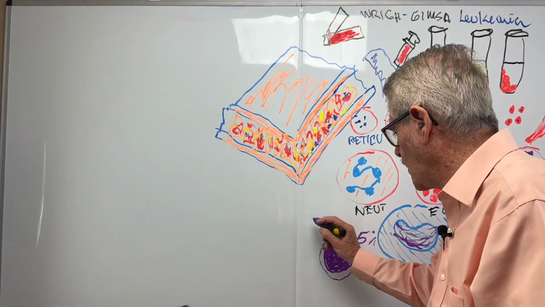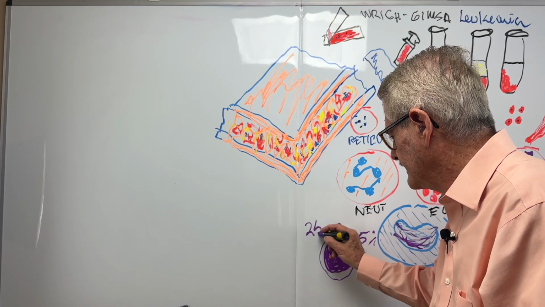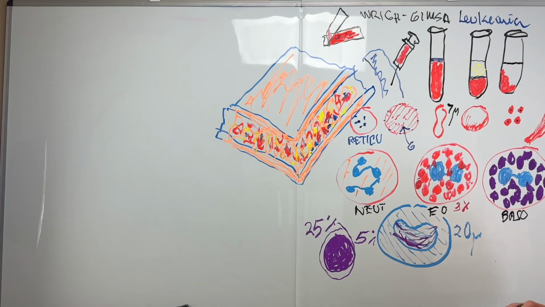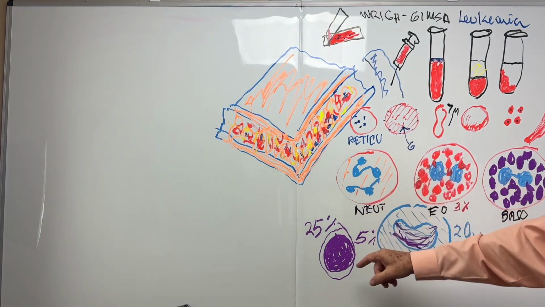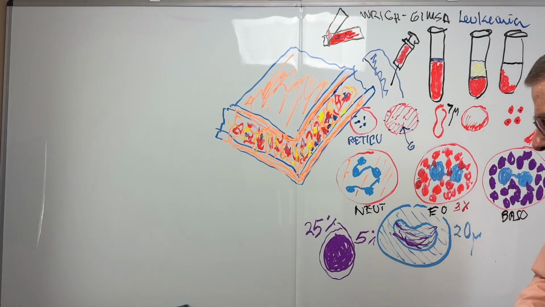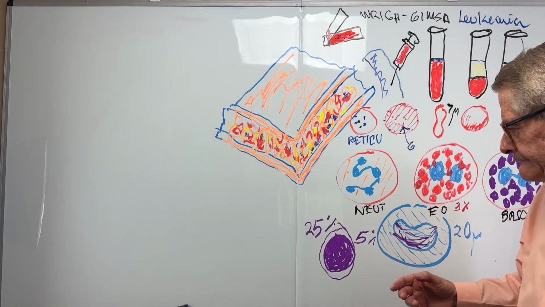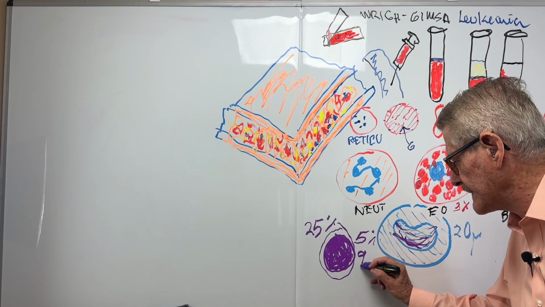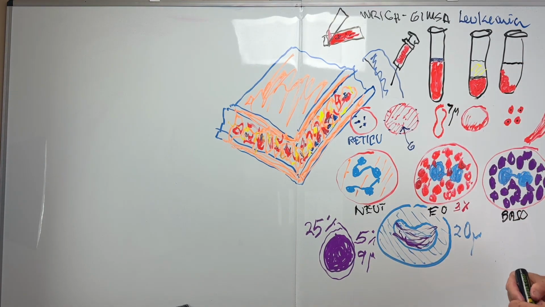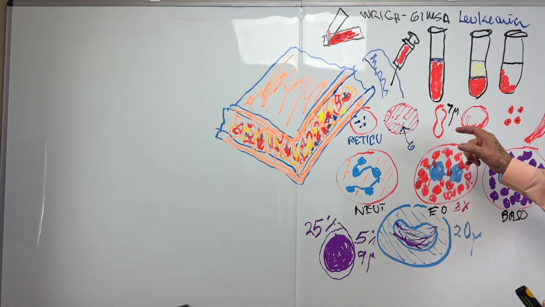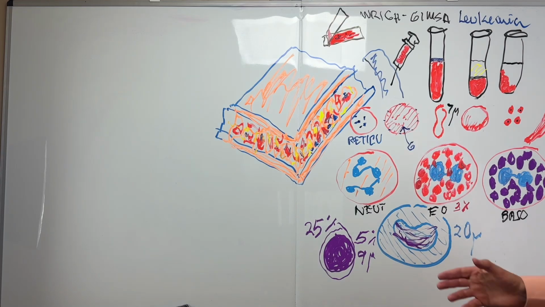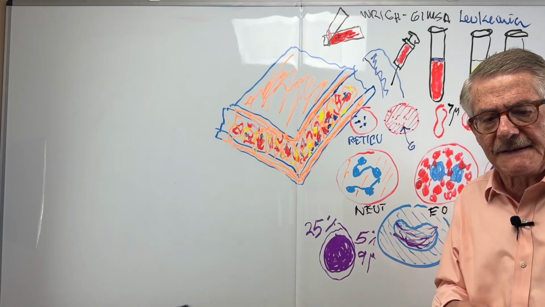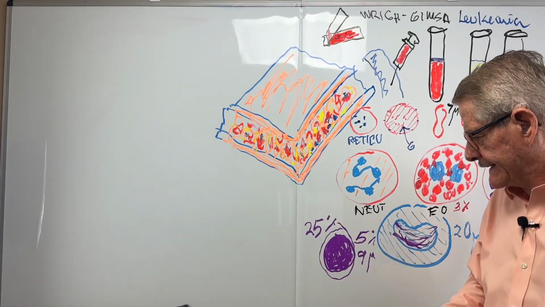Lymphocytes are around 25% of the white blood cells. They are second in number to the neutrophils, and they are about 9 microns in size, which is a little bit larger than an erythrocyte, but obviously larger activated forms are also present, but that's it.